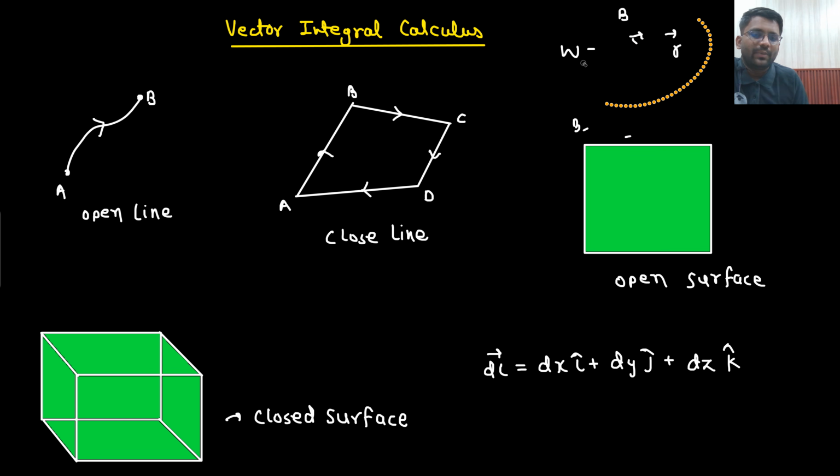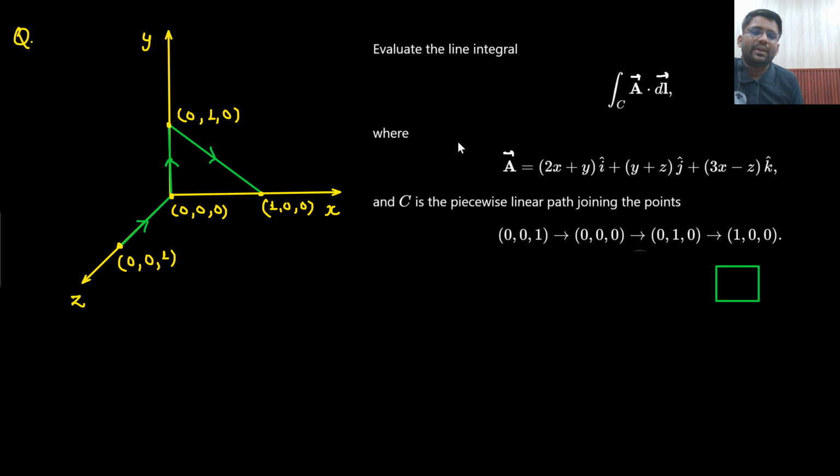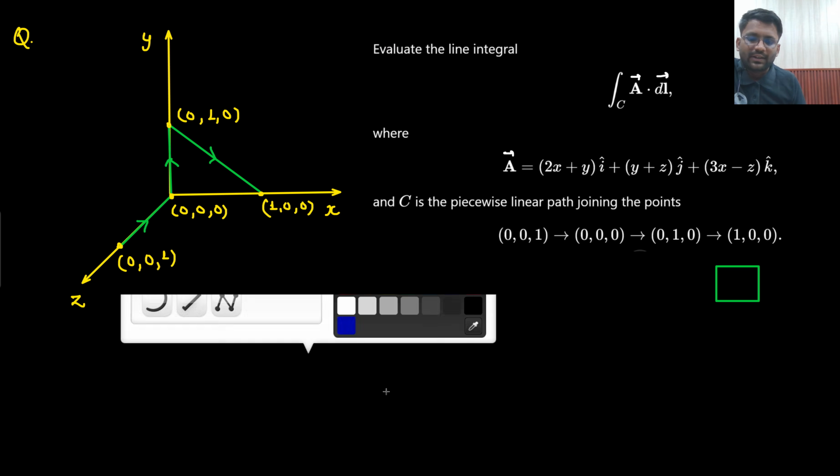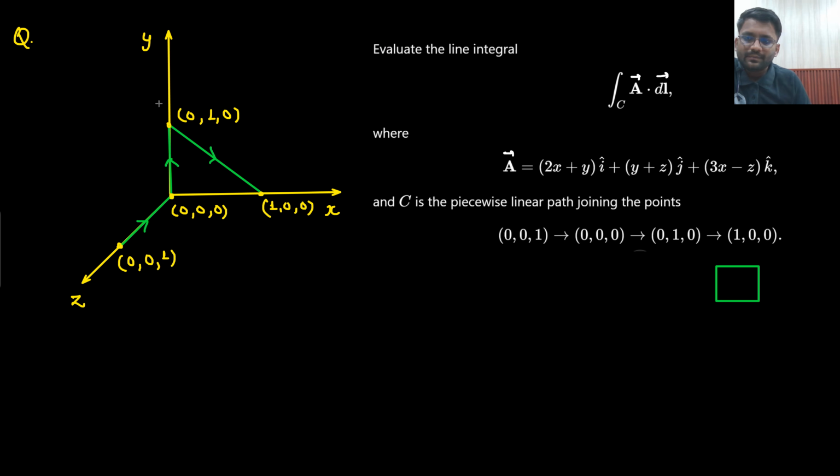So what kind of question will be asked in the examination hall? The question will be like this: there is some vector field A present here in this 3D coordinate system, A equals (2x plus y) i cap plus (y plus z) j cap plus (3x minus z) k cap. So this vector field is present.